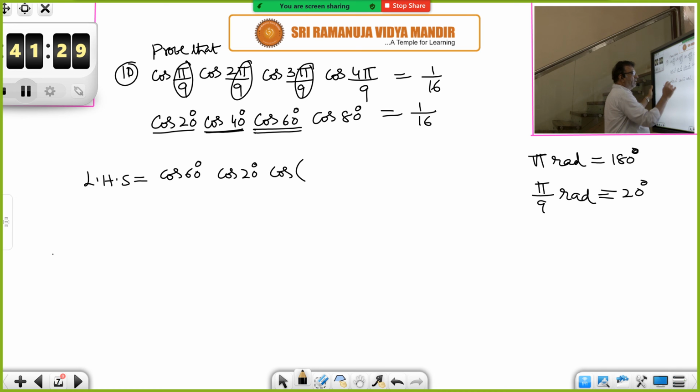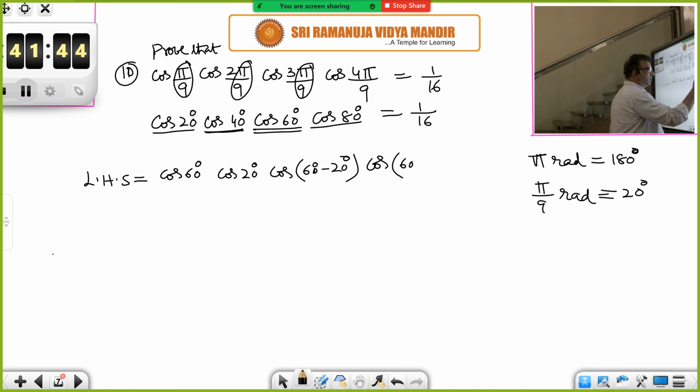Cos 60 minus 20. Cos 80, how do you write it? Cos 60 plus 20, sir. In the previous problem you have seen it. So cos 60, cos 20, cos 60 minus 20, cos 60 plus 20.